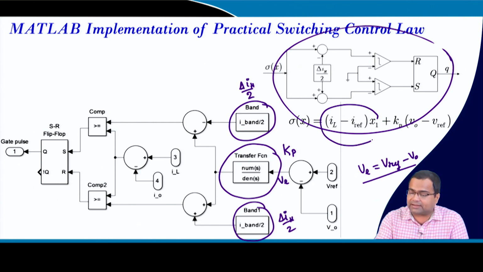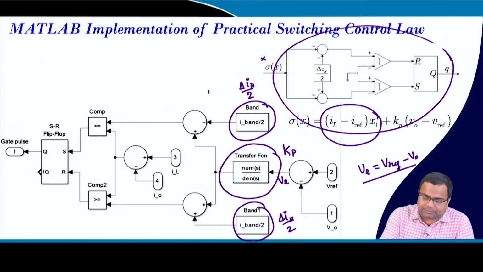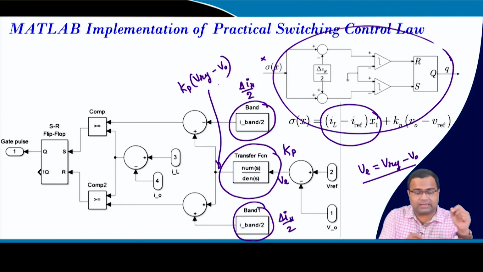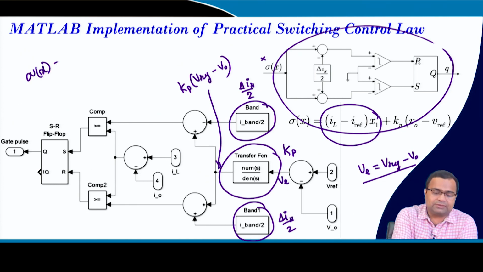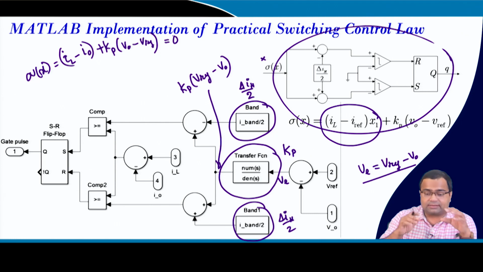I have broken this sigma x into two parts. In this implementation, this particular signal is nothing but Kp into Vref minus V0. That means sigma x, which is IL minus I0 plus Kp into V0 minus Vref, is what we want to drive to 0.